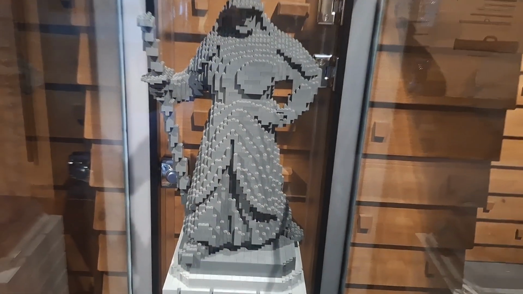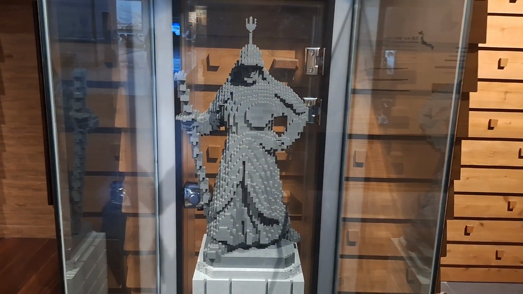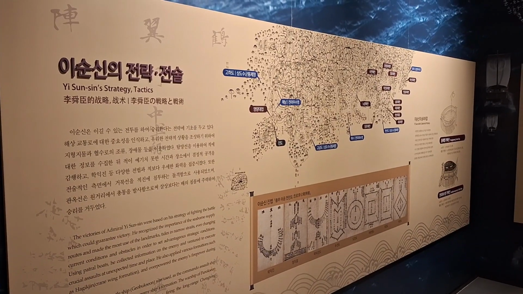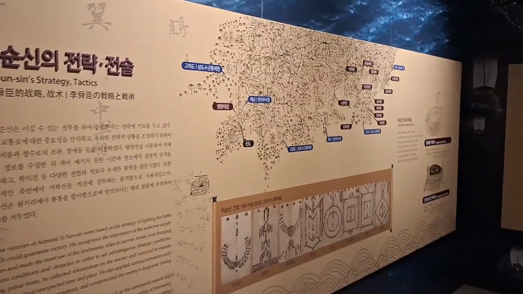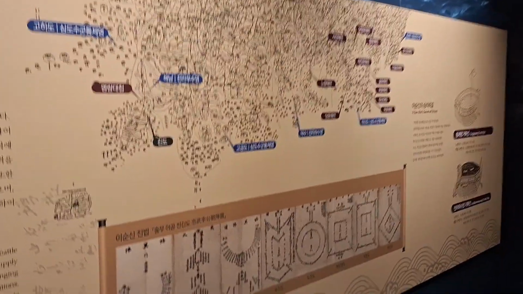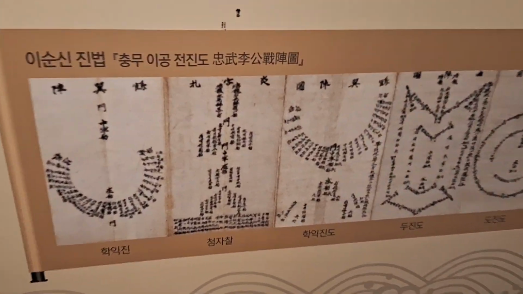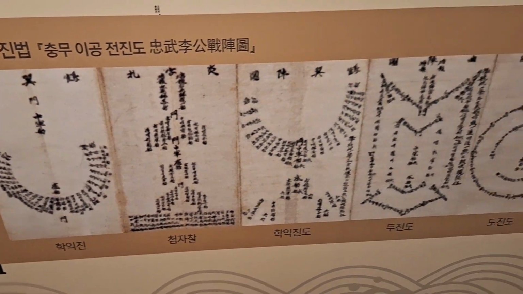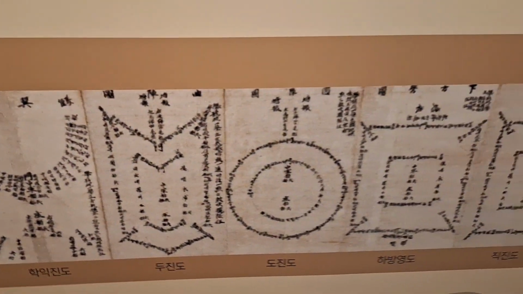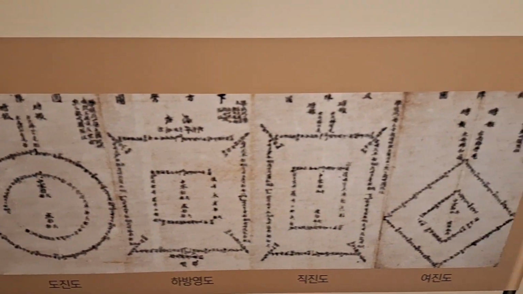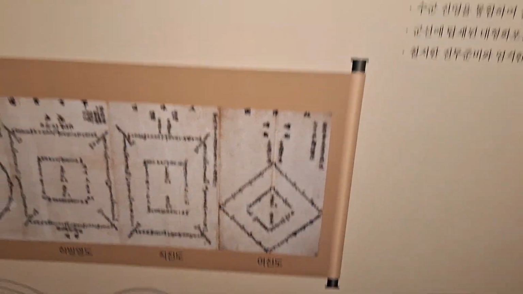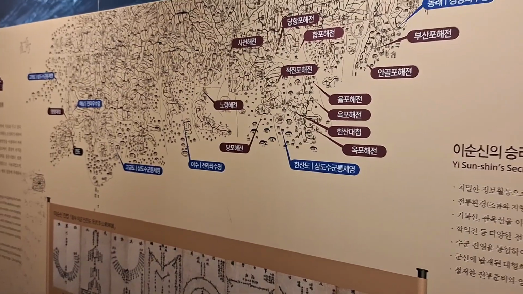So, pretty neat, Legos. During the Imjin War, Admiral Yi was basically a military genius, and he came up with all these different ways that you can align your ships or organize your ships of the line in order to fight off the Japanese. This is really impressive.